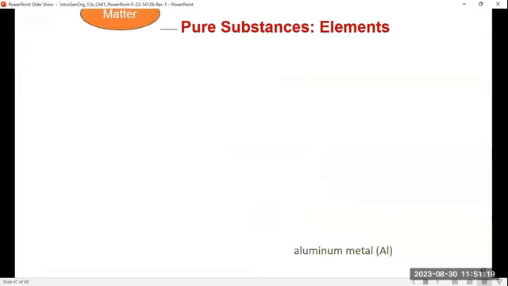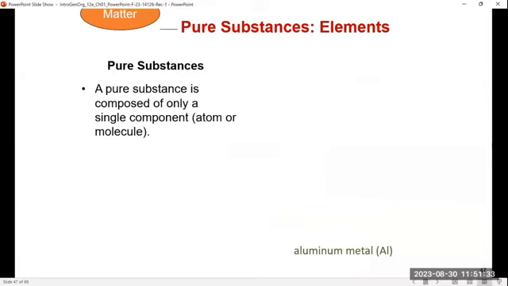Okay, pure substances, which are elements and compounds, have constant composition. They cannot be broken down into other pure substances by physical change. To break down compounds, you need to have a chemical change.